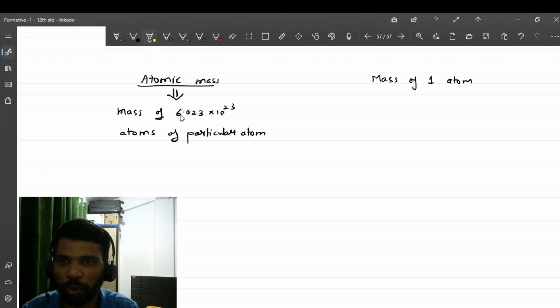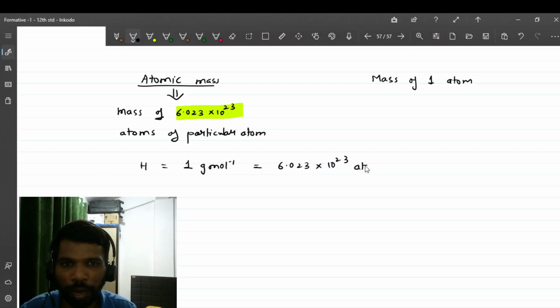And let's understand what is the mass of an atom later. So, for example, when we say atomic mass of hydrogen, simplest element, it is 1 gram per mole. This is the unit. Means whose mass it is? It is the mass of 6.023 into 10 raised to power 23 atoms of hydrogen.